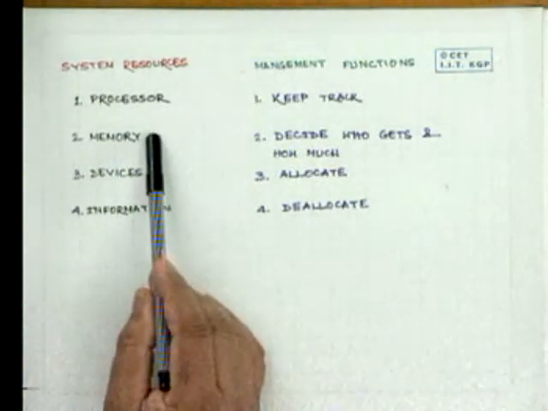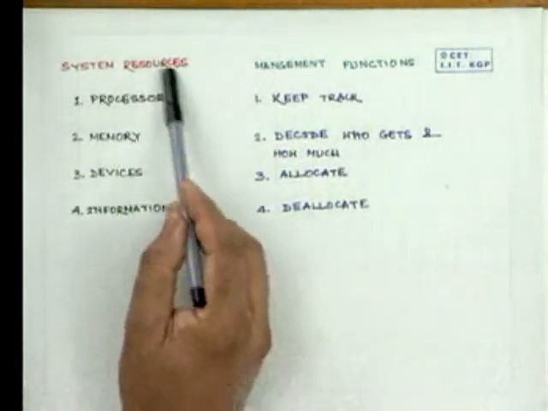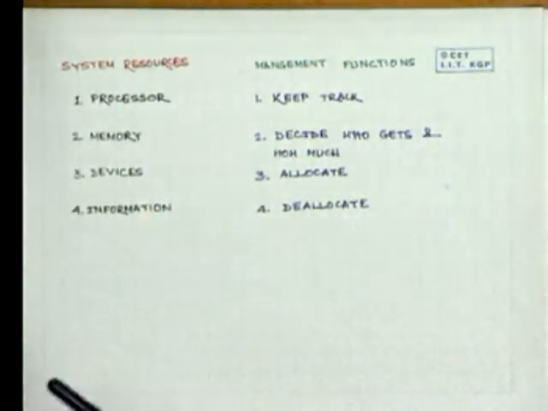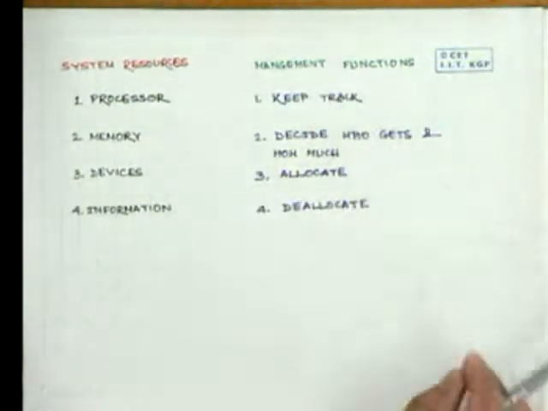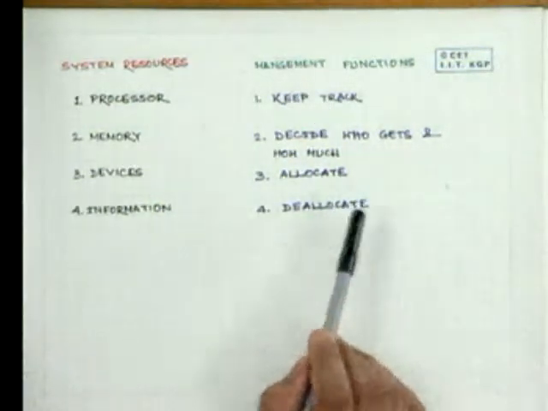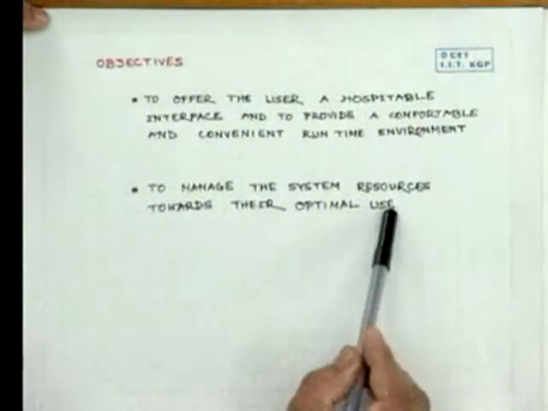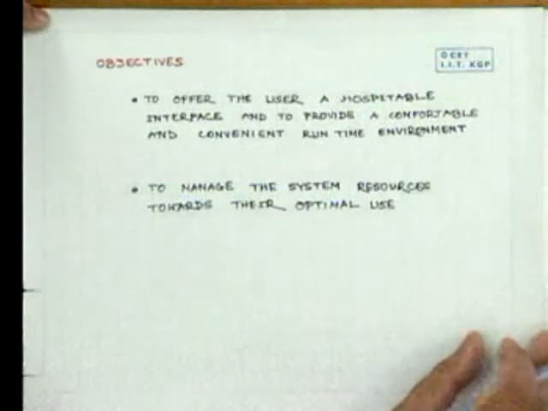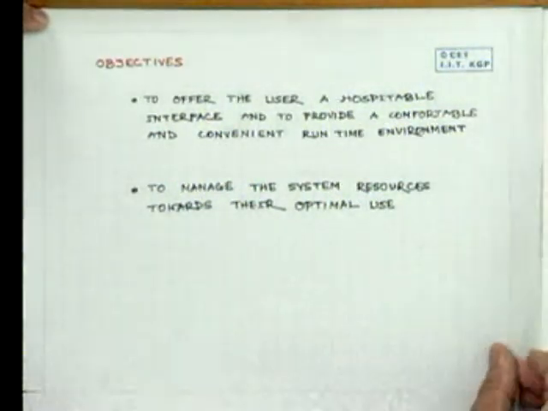That is true for memory, devices, and information. Therefore, these are the system resources mainly, and these are the management functions that the operating system has to do. And the objective here is their optimal use. The system resources should be utilized optimally.